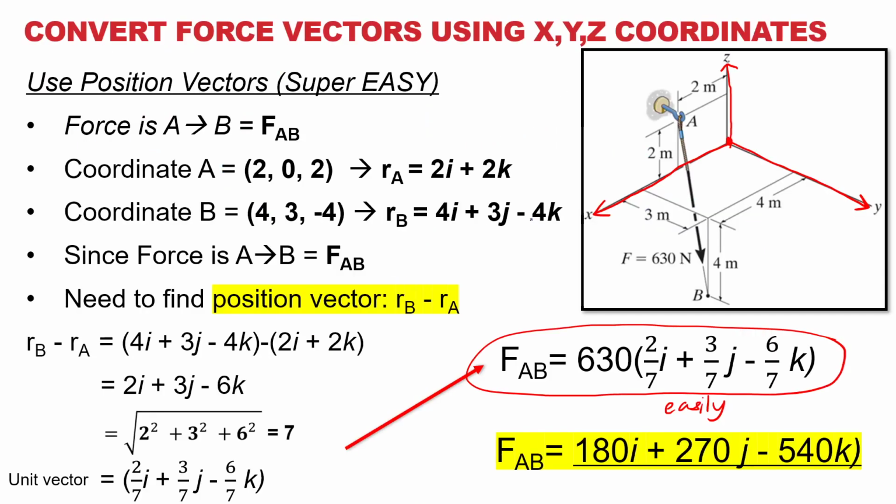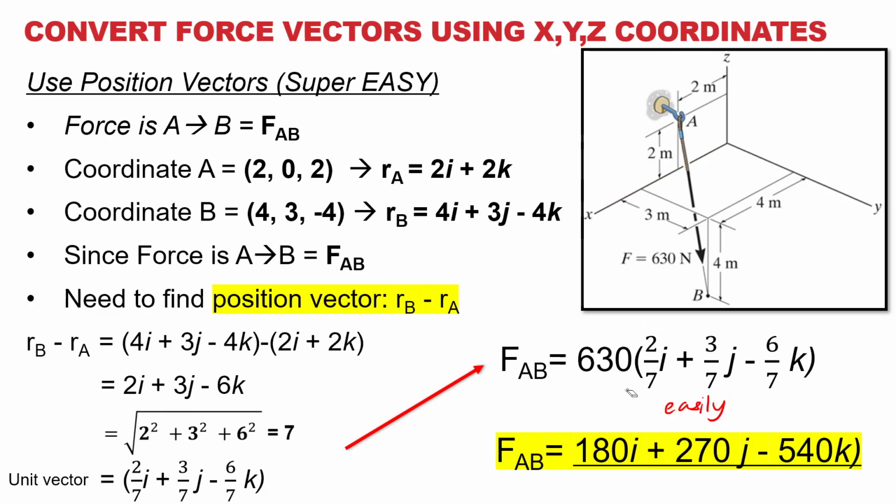So now we can go back here. Previously you have been drawing coordinates, right? So now you are going to be reading the coordinates. So let's look at coordinate A. Look at here, A. What is the coordinate A?